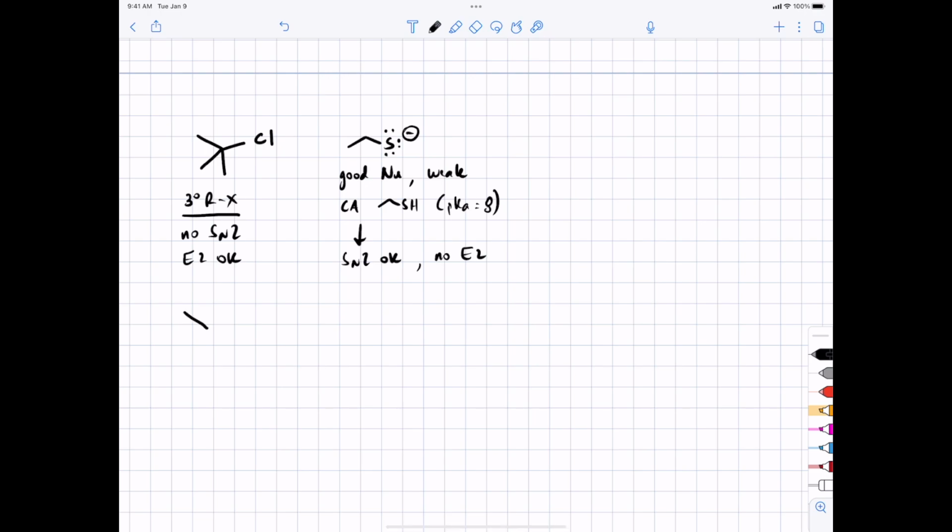So first, realize that bonds in organic molecules have vibrational frequencies. You can think of them as springs. You can think of a spring bonding the Cl to the carbon, and you can think of this going back and forth with some vibrational frequency.